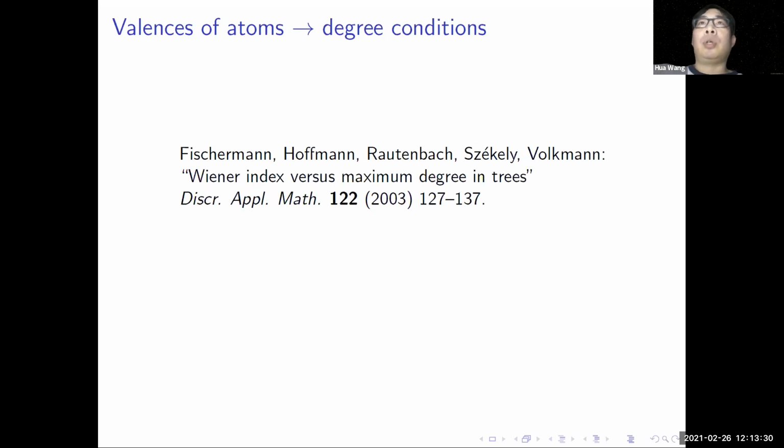So it was interesting to consider these extremal questions for graphs or in particular trees, in this case, under degree restrictions. So the first such result was among trees with a given maximum degree.